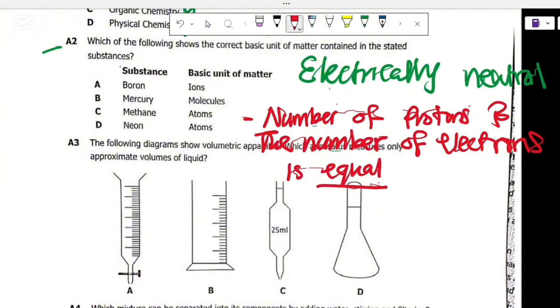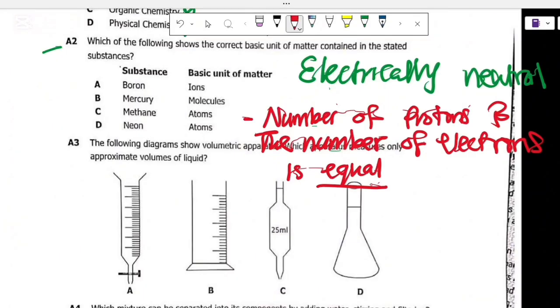Pay attention to this statement. When you're talking about an atom, the number of protons in the atom is equal to the number of electrons, not neutrons. Forget about neutrons. Neutrons are just there. When you're talking about protons, which are positively charged, and electrons that are negatively charged, these two are equal in number.